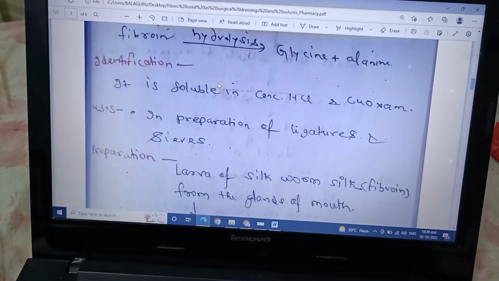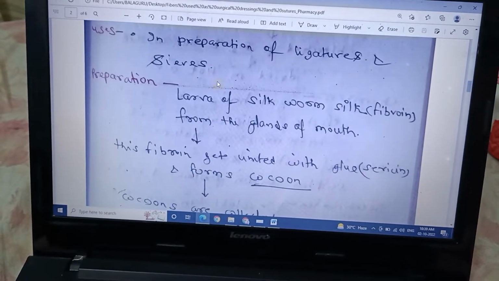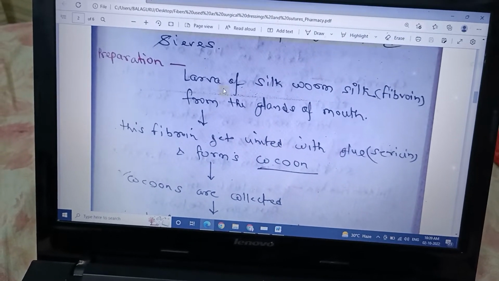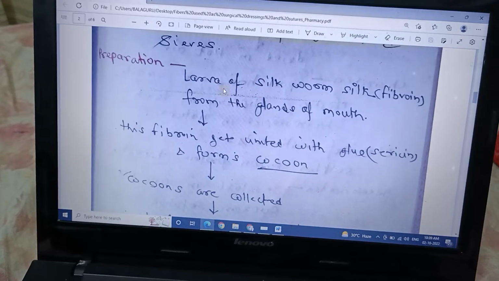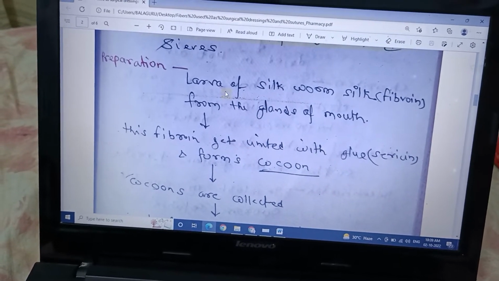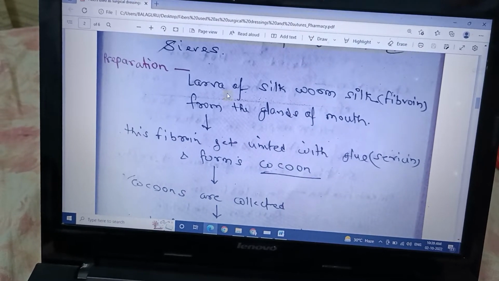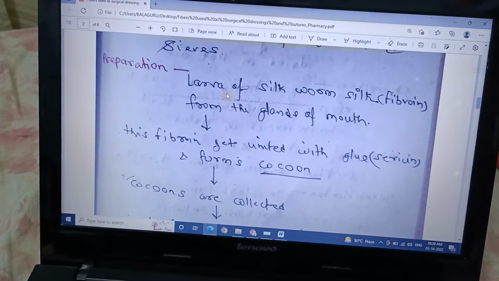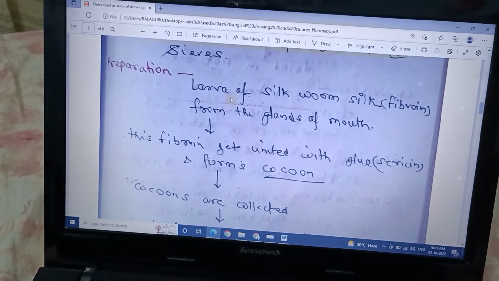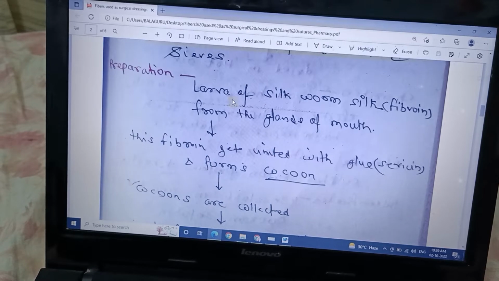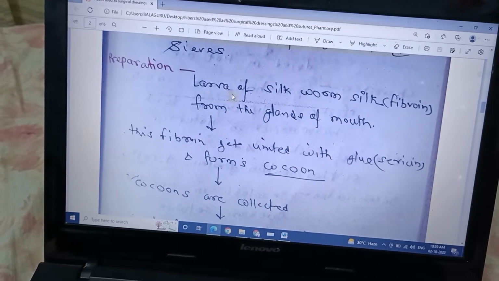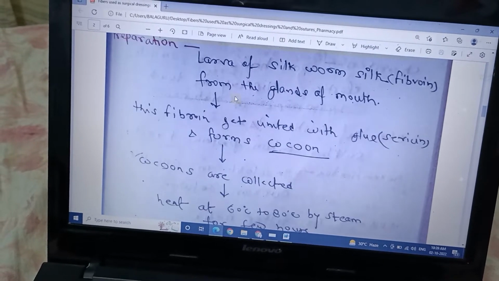Now, how to prepare silk sutures. The larva of the silkworm forms silk fibroin from the glands of its mouth, and this fibroin, initiated with the glue, forms the cocoon.